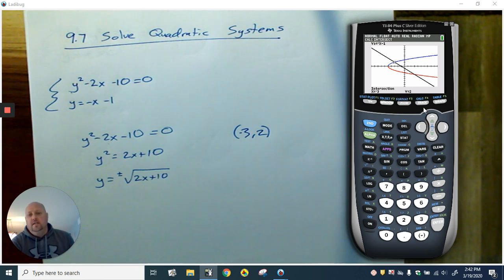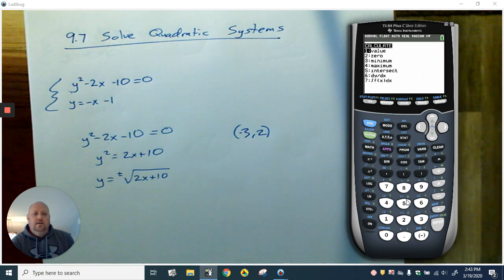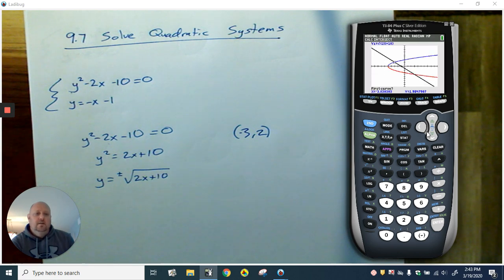And we can do the same thing to find the second intersection point. So we would just go second trace, calculate, the fifth one down. And now we want to say, what's the first curve? Well, the first curve would probably be the red one now, the bottom part of that parabola. Then we make sure we're on the black line somewhere.